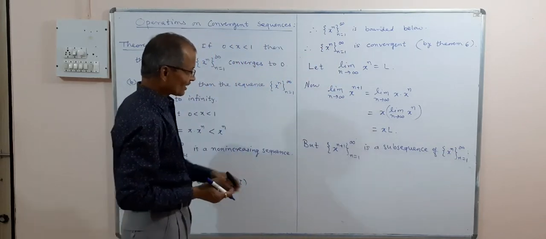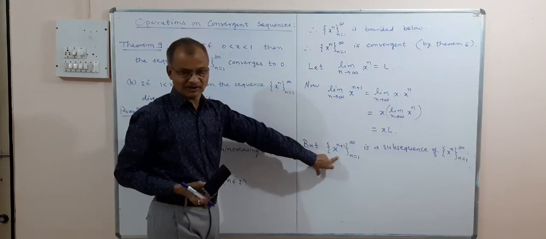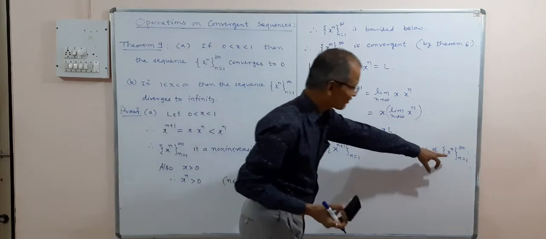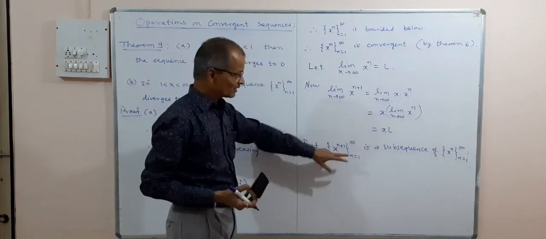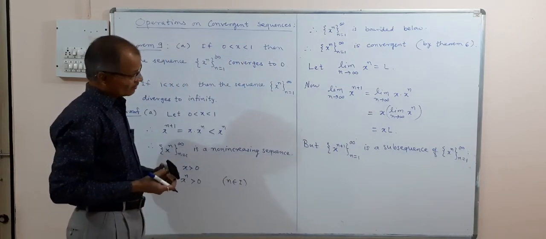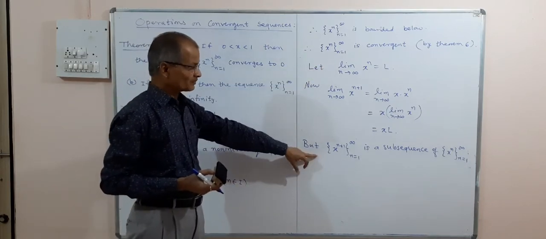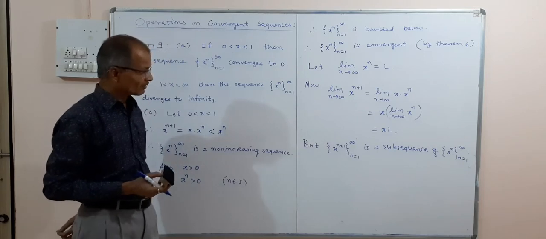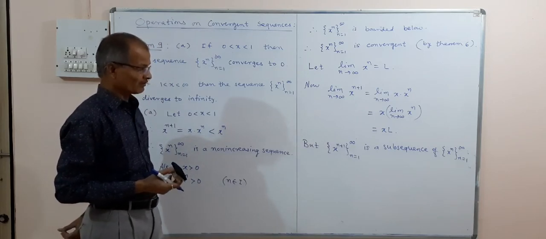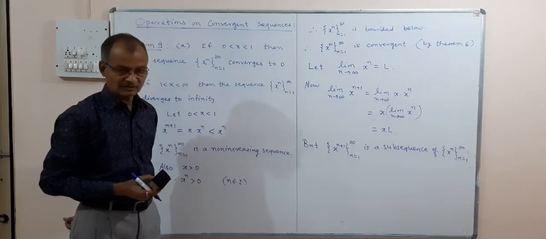Put n equal to 1, we get the term starting from x square, while here the term starts from x. So this is a subsequence of x raised to n, and we have a result: if a sequence is convergent, then every subsequence of it is also convergent and converges to the same limit.